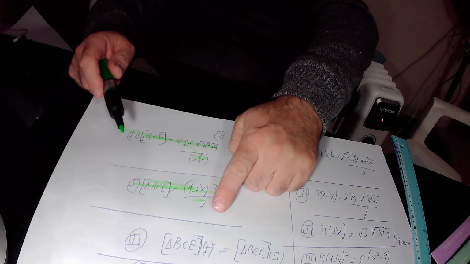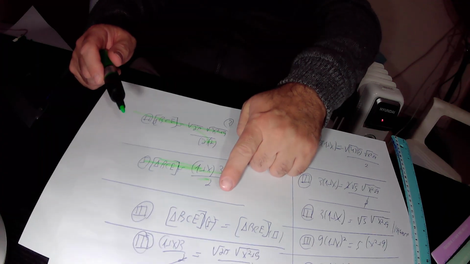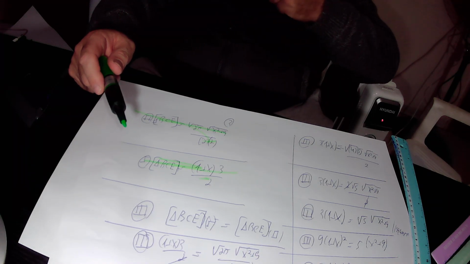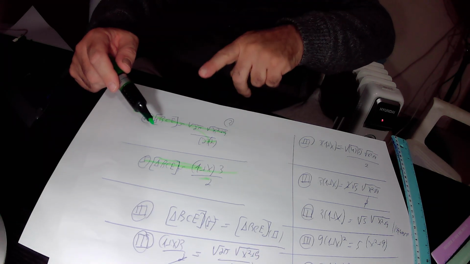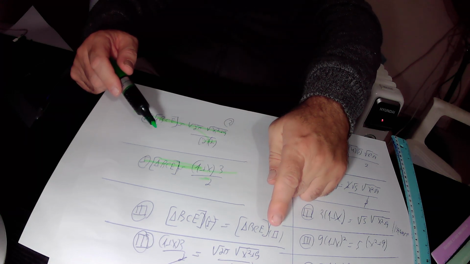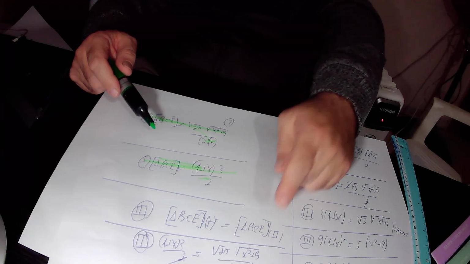The area by the first method equals 1 plus x times 3 over 2, and it must equal the area by the second method, the square root of 20 times the square root of x squared plus 9 over 2 times 2.